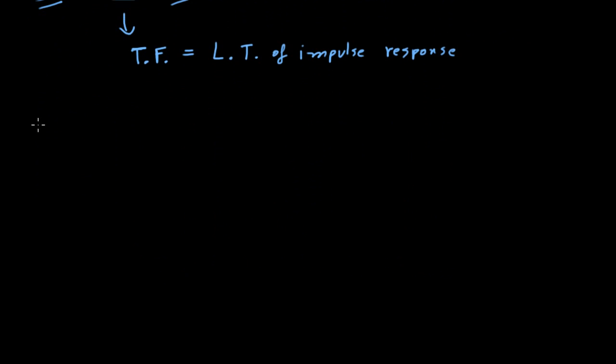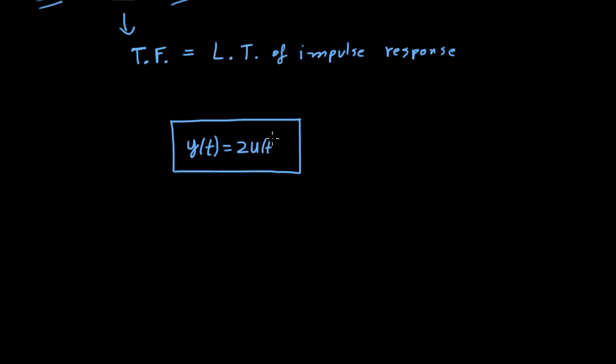I'd like to emphasize the difference between a dynamic system and a static system, because now we know how to calculate the output of a dynamic system. Let's think of a system whose output is given by this rule: the output y(t) is just 2 times the input u(t), plus 1.